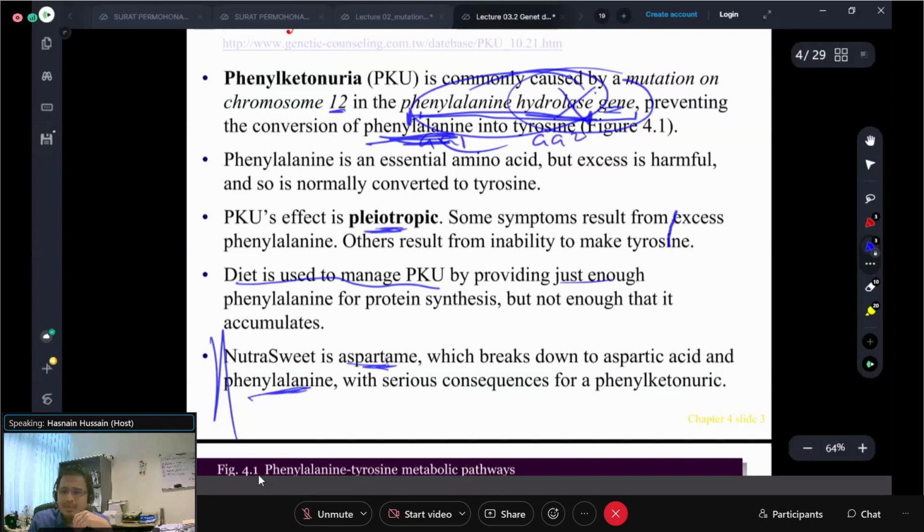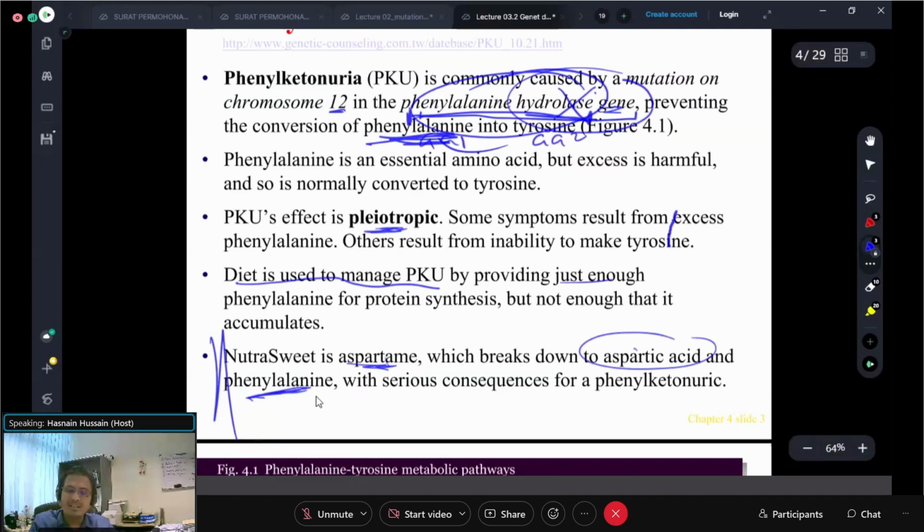So aspartic acid is found in aspartame, but they modified it a little bit so that the modification allows that chemical to taste sweet. Okay, so when that happens, it becomes aspartame. But this aspartame has similar characteristics to aspartic acid. So when it is broken down, it becomes phenylalanine. So in phenylketonuric, it will be problematic.